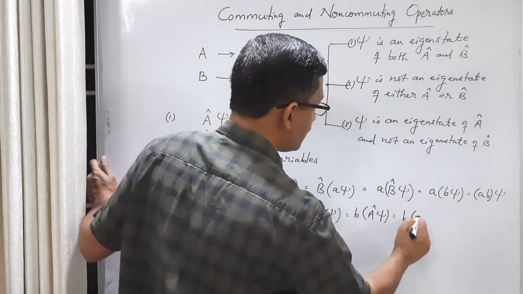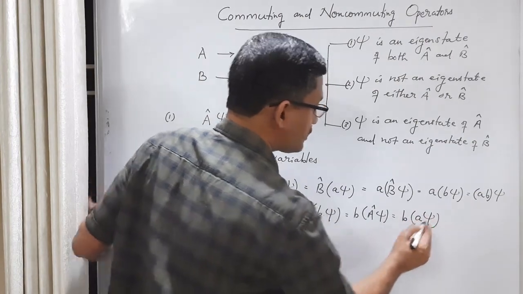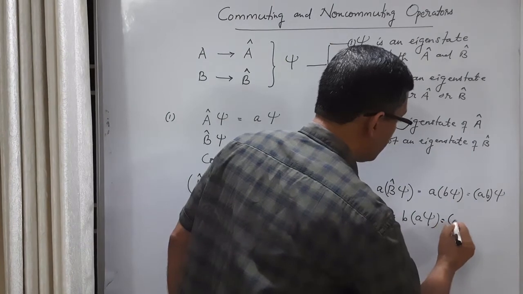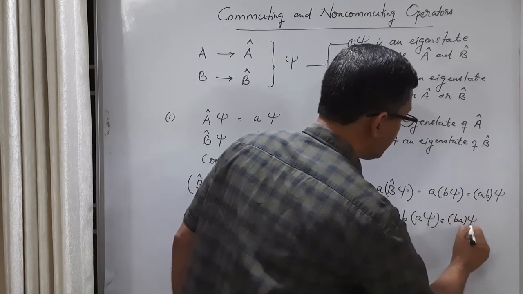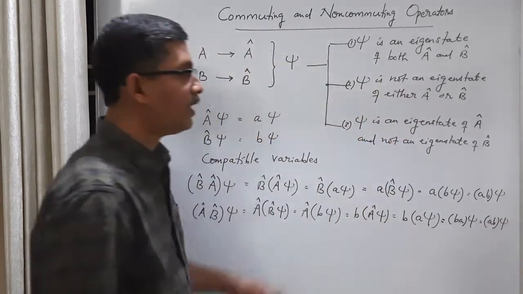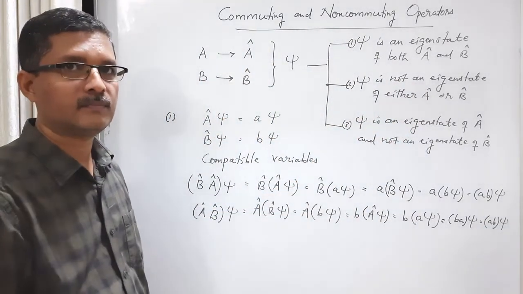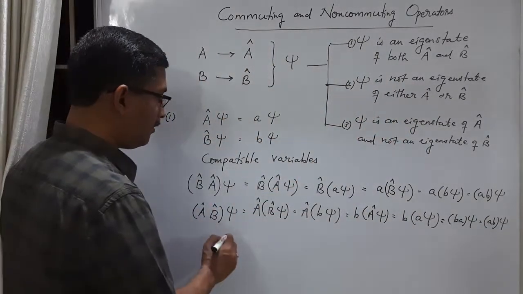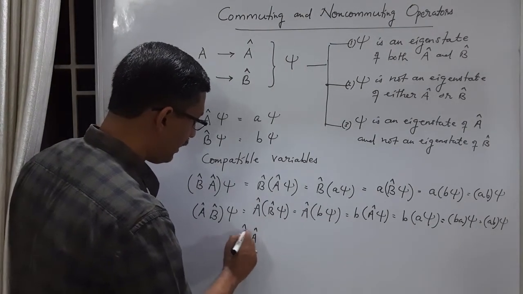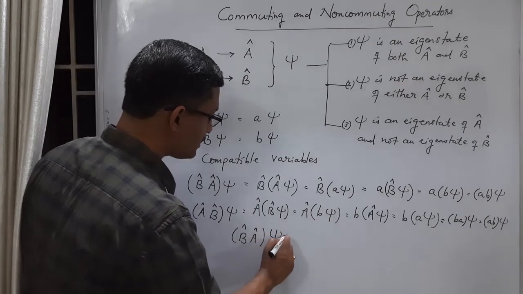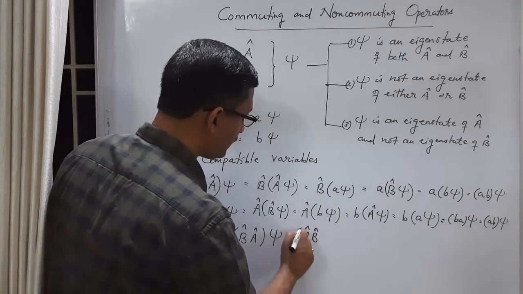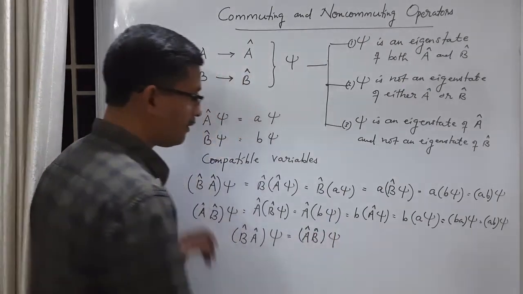When A acts on psi we get small a times psi, again there is no change in the state, so this is ba times psi, which is the same as ab times psi. So the final state is the same. So we can say BA acting on the eigenstate psi is equal to AB acting on the eigenstate psi.